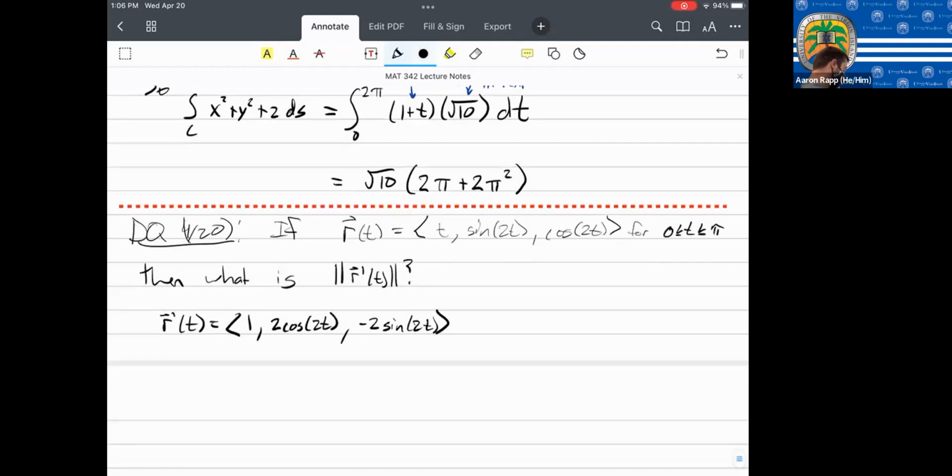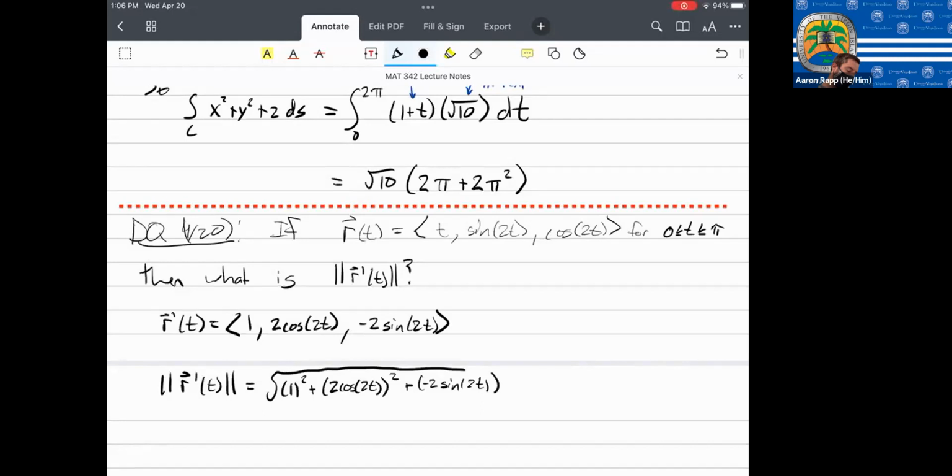So that when I look at the norm of this vector, take the square root of the sum of the squares of each component. So this would be 1 squared plus 2 cosine of 2t squared plus -2 sine of 2t squared.